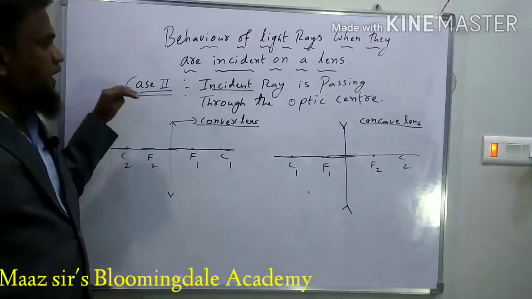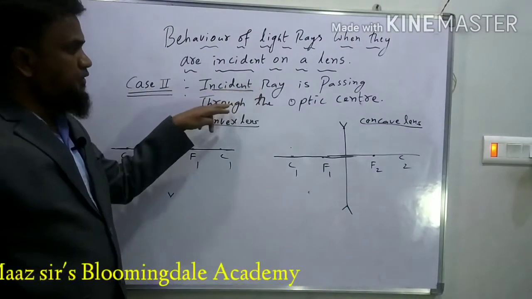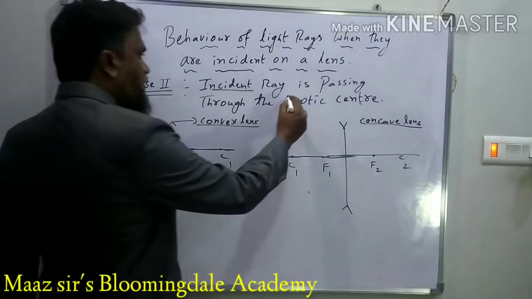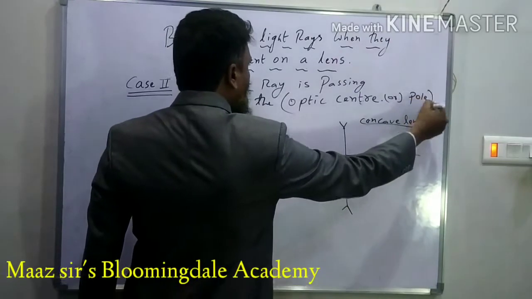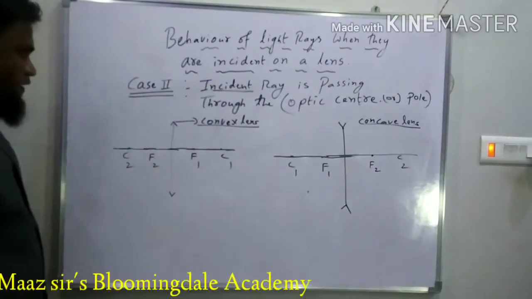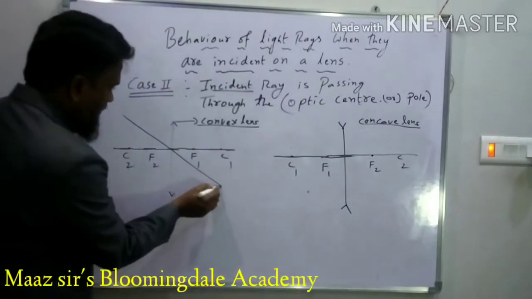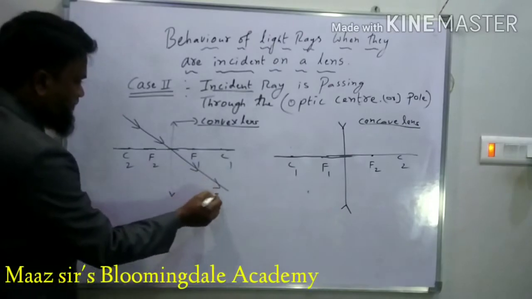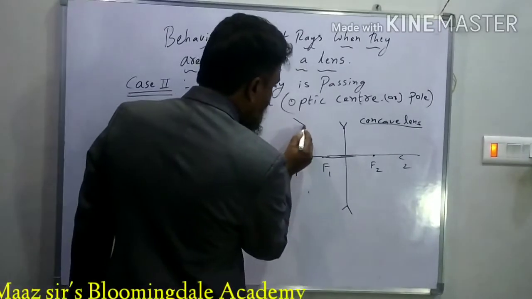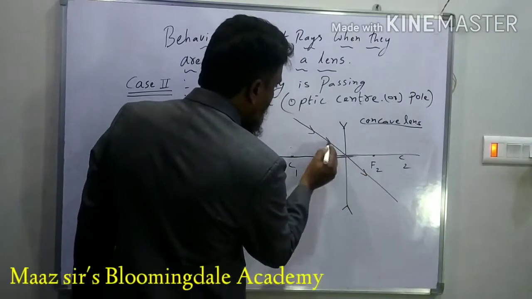Now coming on to the second case. Here in this situation the incident ray is passing through the optic center, or in other words we can say pole. So this is the incident ray. It is passing through the optic center. Here also it is passing through the optic center.